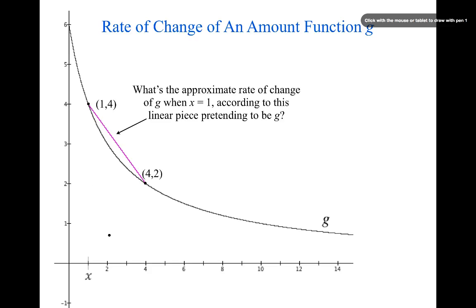So I want to estimate the rate of change at 1 using this value h of 3, from 1 to 4. Do it. Estimate the rate of change of g at x equals 1.